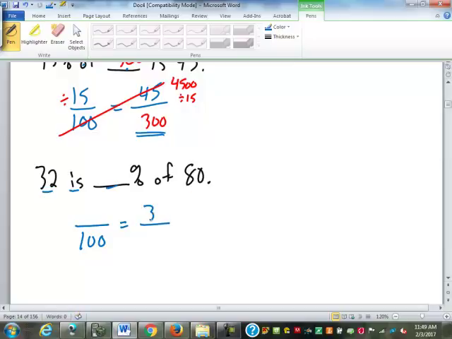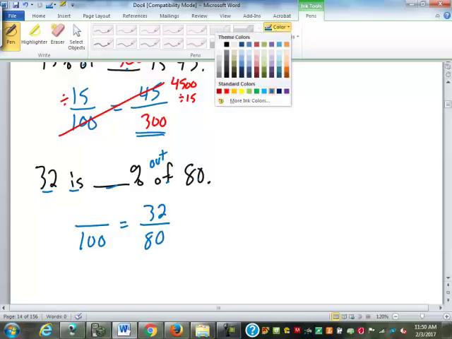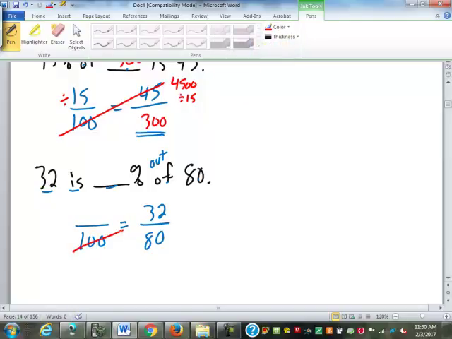That implies the 32 matches up with my missing percent of 80. If I read that as out of 80 again, it implies the 80 goes on bottom. Now here I'm still cross multiplying along that diagonal. 100 times 32 is 3,200. I'm just dividing by the number down in this corner. Divided by 80 gives us 40. So 40 out of 100 or 40%. 32 is 40% of 80.